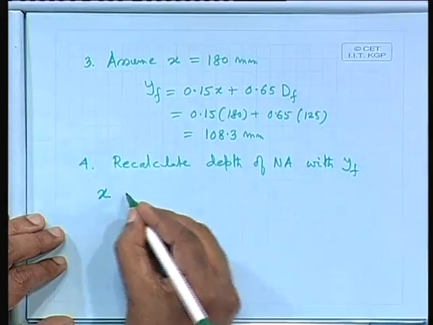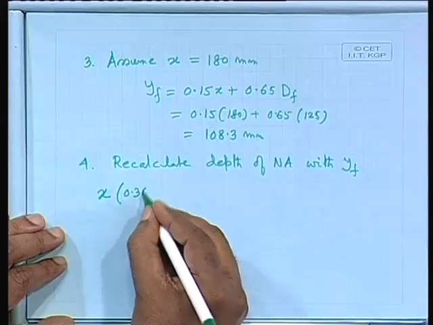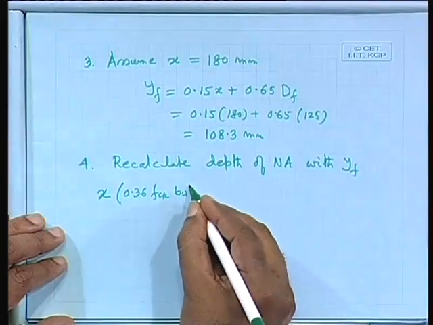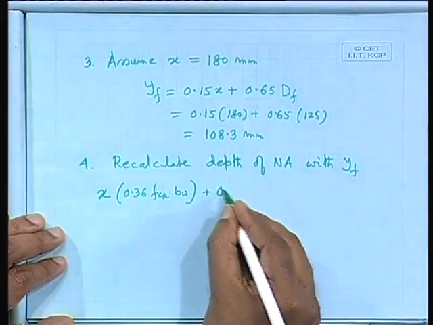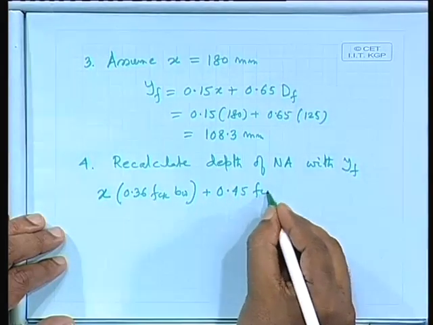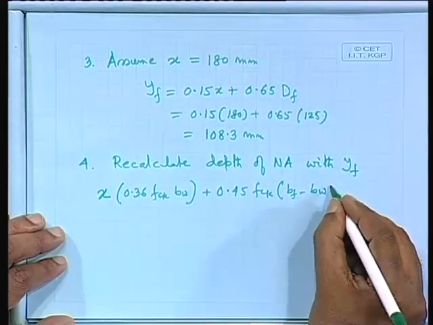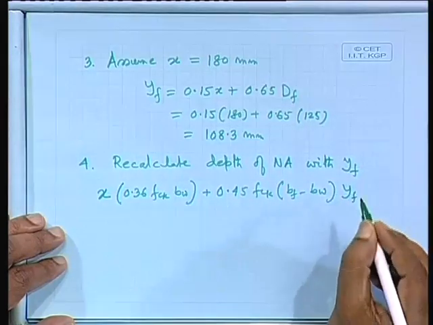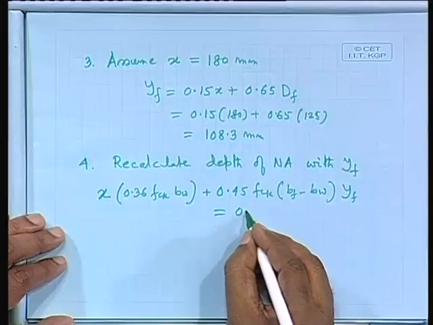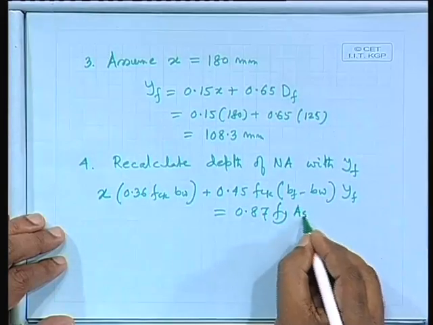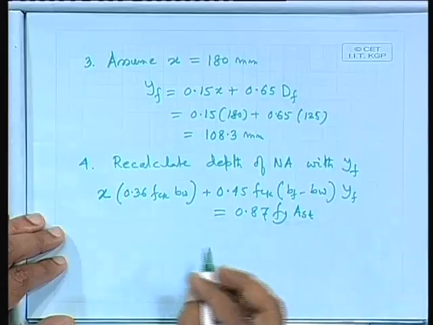So, we can write x times 0.36 FCK BW, the web portion, plus 0.45 FCK times BF minus BW, the flange portion, times this equivalent depth, should be equal to the tensile force developed in steel.